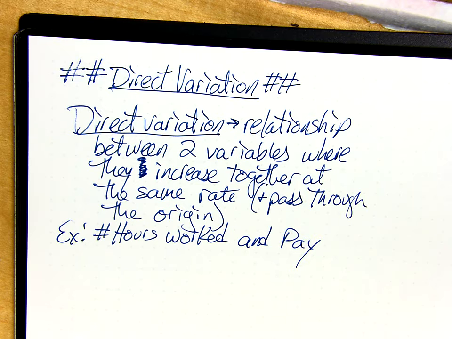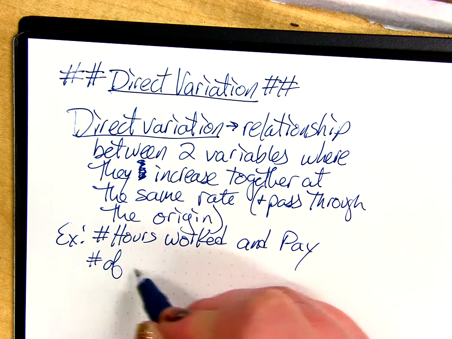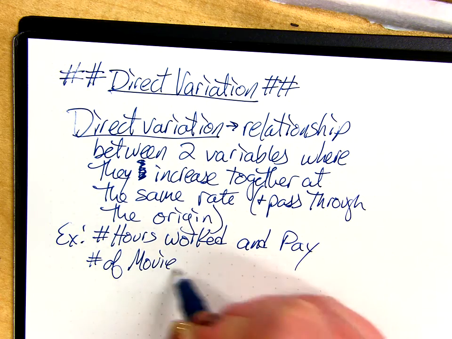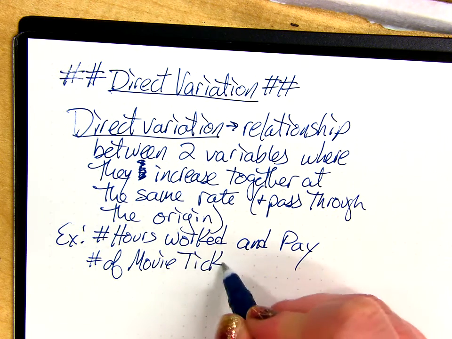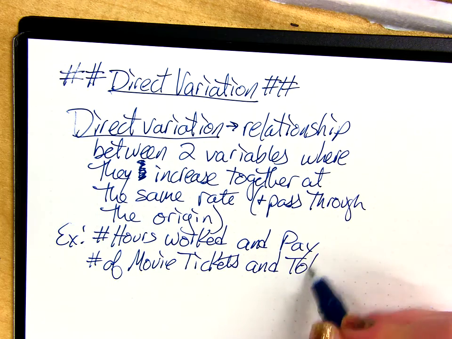If you don't buy any movie tickets, then it doesn't cost you anything. If you buy one ticket, it's going to cost you whatever one ticket costs. 2 tickets cost you whatever 2 tickets cost, and so on and so on. If you're buying tickets for 15 people, it's going to cost whatever 15 people cost, right? So another example, number of movie tickets and total cost.